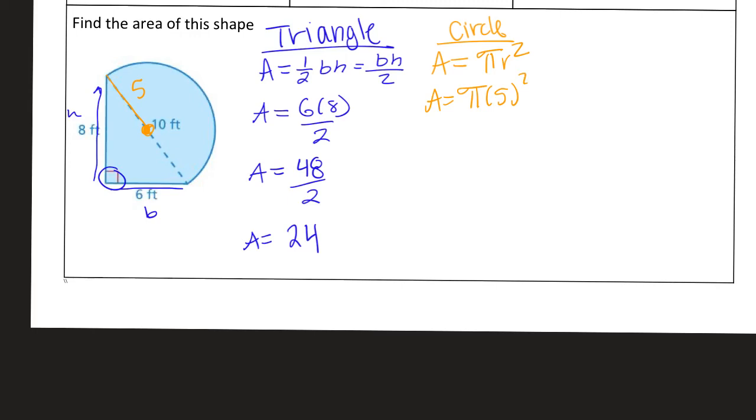So pi times 5 squared. Remind me, what does it mean to square a number? Yep, you got it. Squaring a number means multiplying that number by itself. So this is pi times 5 times 5. We're going to substitute 3.14 for pi.